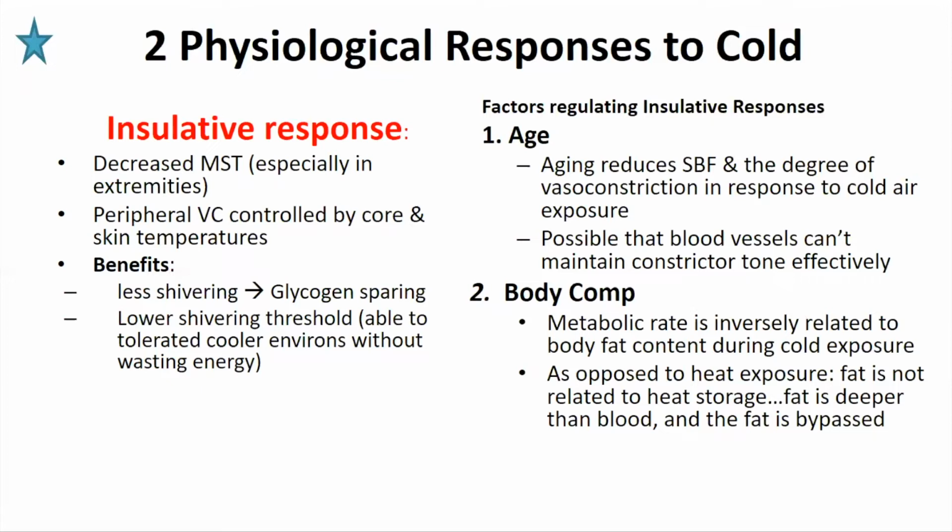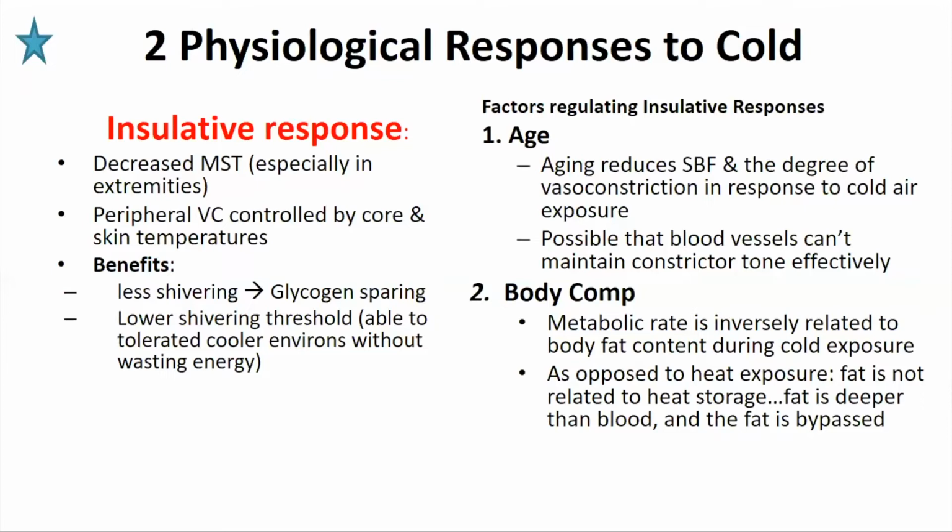Also, body composition affects insulation. So body fat and metabolic rate are inversely related during cold exposure. So the greater your body fat, the lower your metabolic rate during cold exposure, and vice versa. So this is different compared to heat exposure, because if you think about the layers, the most superficial layer would be your capillaries, your arterioles, and then under that layer it would be fat.